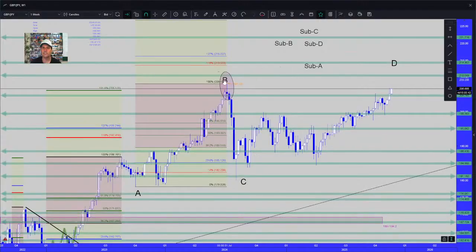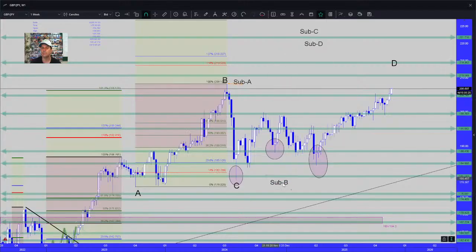So this is the sub A, everybody, up in here. Which one is the sub C, everybody? Is the first circle the sub C? Is the second circle the sub C? I'm sorry, sub D. Or is the third circle the sub B? We found the sub A. Which one is the sub B?